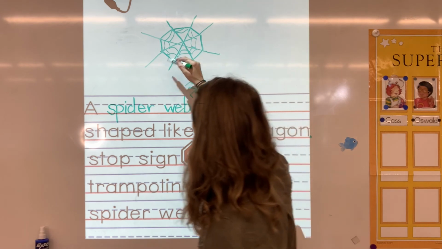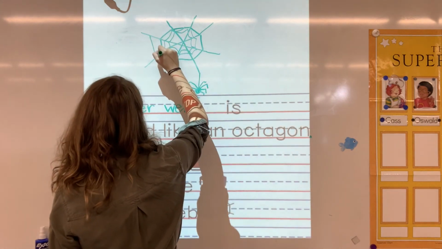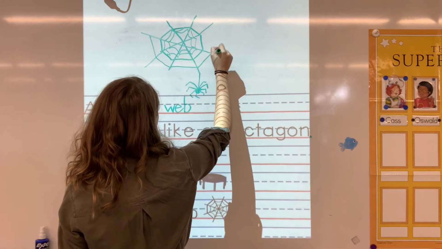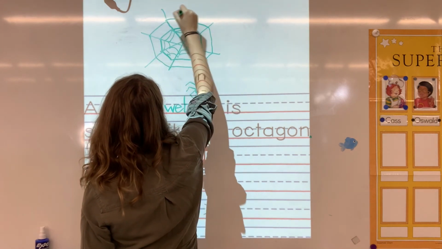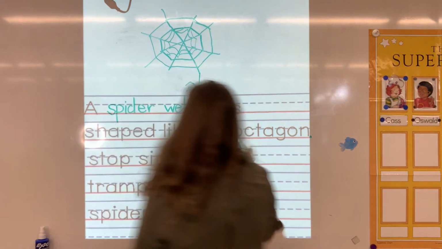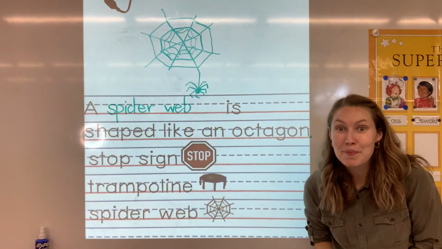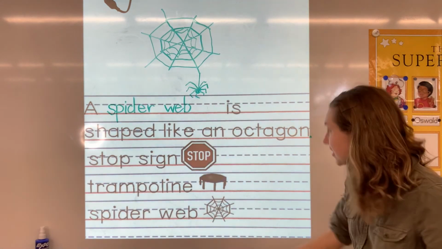And there is my big spider web. Maybe I'll make it even bigger by drawing another big octagon around it. There's my spooky spider web shaped like an octagon.